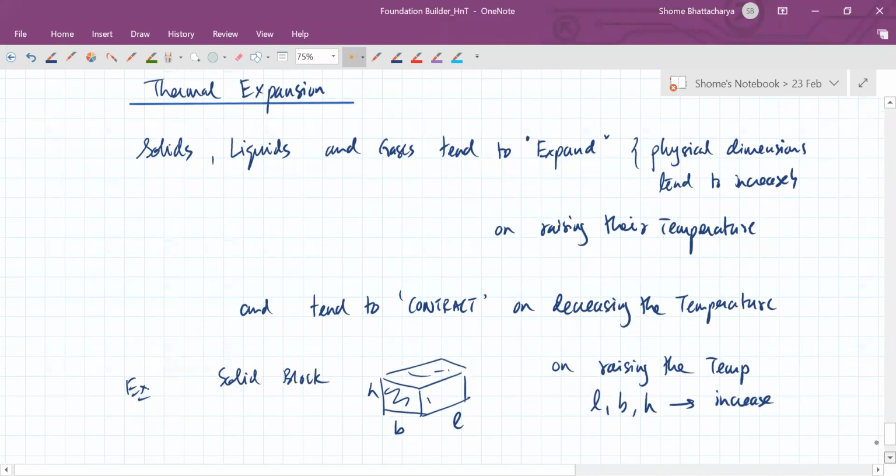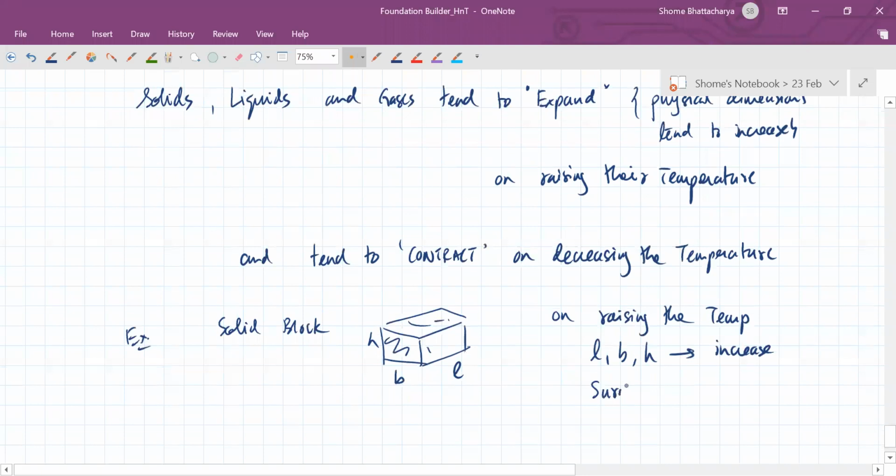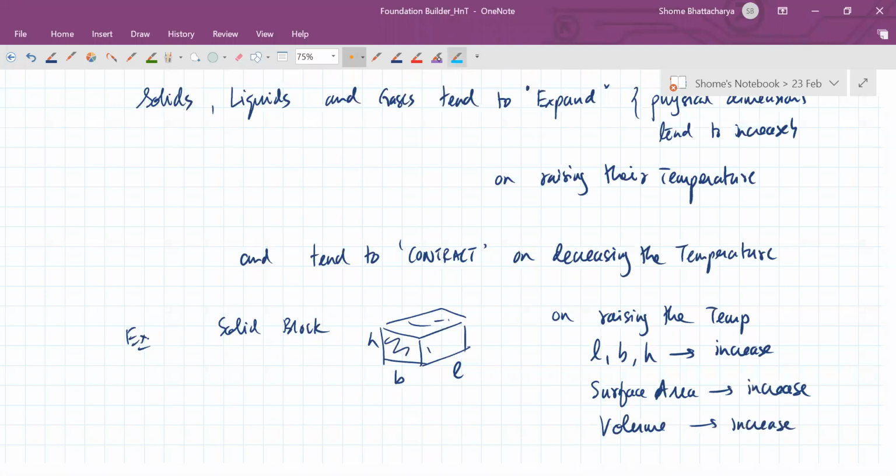Surface area will increase. Volume will increase. So all dimensions, this is what we mean by the physical dimensions or the physical size.